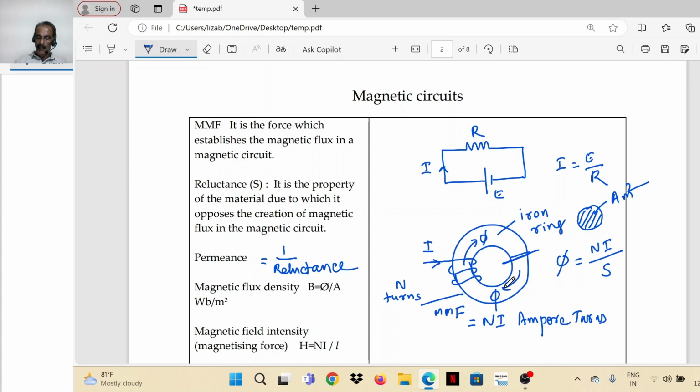Then the flux set up in the core divided by the cross-sectional area of the core is called the magnetic flux density. So magnetic flux density is flux set up in the core divided by its cross-sectional area. And the unit is Weber per meter square or Tesla.